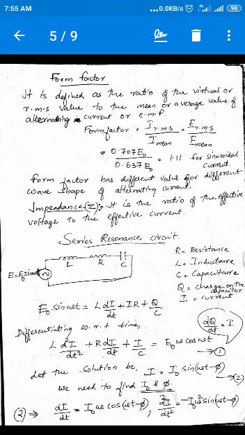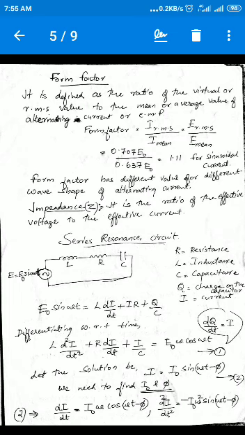Now we just consider the solution of the above equation 1. Let it be I is equal to I0 sin omega t minus phi, and we need to find the values of I0 and phi from this equation. I0 and phi we don't know what they are.